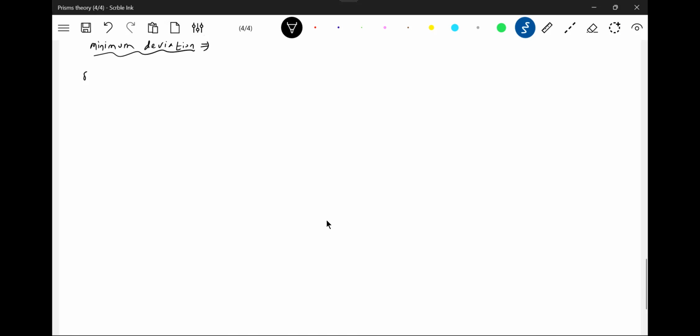Now the expression for deviation will be sine inverse of mu sine R1 plus... okay, some of you are getting confused.